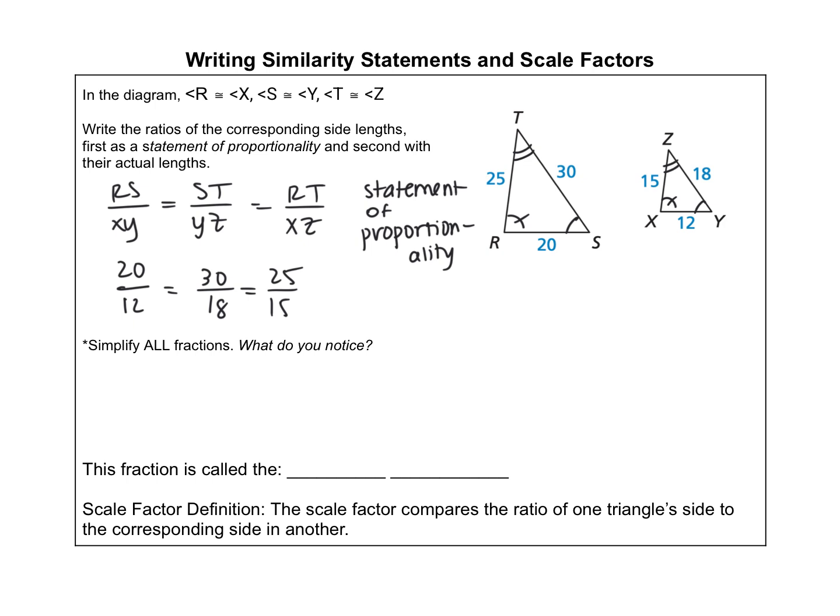Okay, if we simplify these, what can I divide this first ratio by? 4. Okay, so if we divide by 4 here, we're going to get 5 over 3. Second one, what can we divide by? 6. And we get 5 over 3. Last one, divide by 5, and we get 5 over 3.